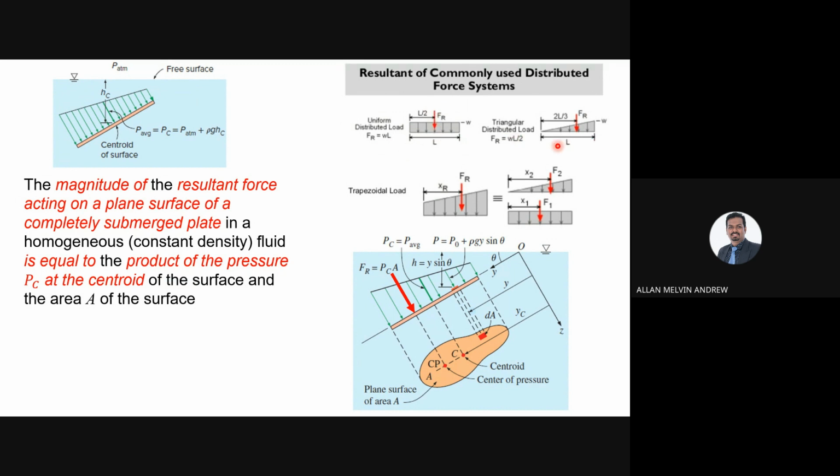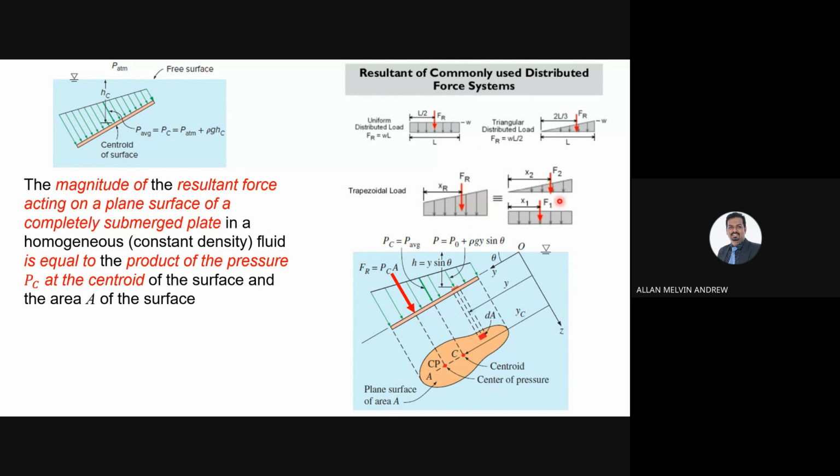If it's a triangular load, then the force will move more towards the place where the bigger pressure is applied. And if it's a trapezoid, it will be the same, because here the line is longer, so the force will be more towards the right-hand side.